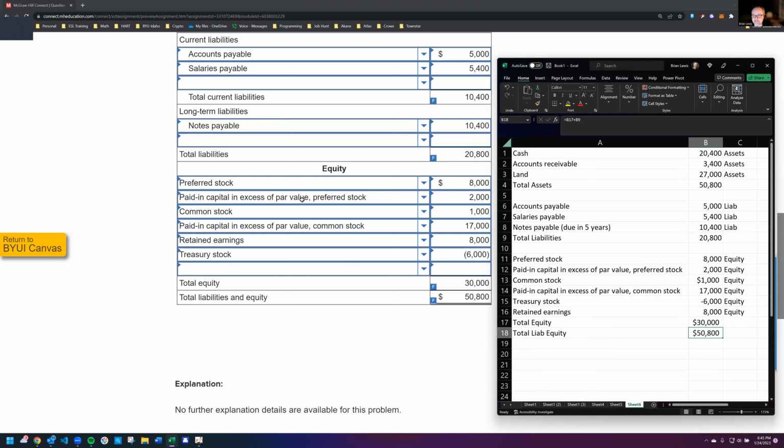All right, so preferred stock first, common stock second. Then retained earnings next, and the treasury stock last. As you see, the treasury stock is a negative, and that's how I shifted the number from positive to negative, because I knew it was a contra account. It reduces equity because they bought back the shares.